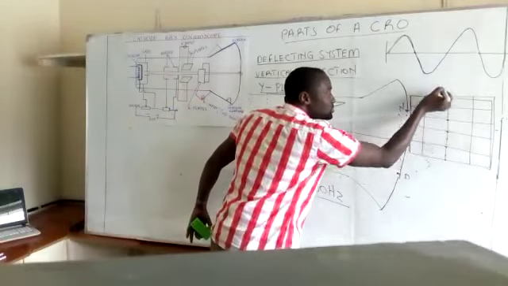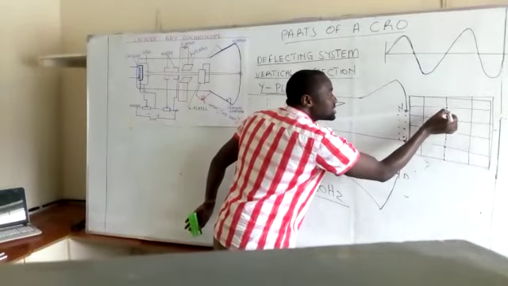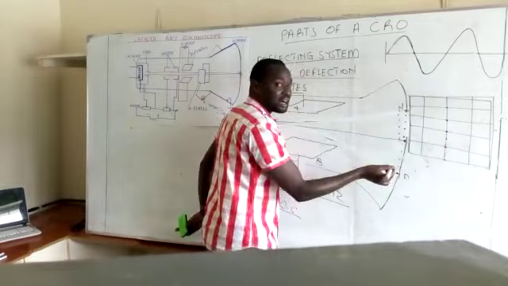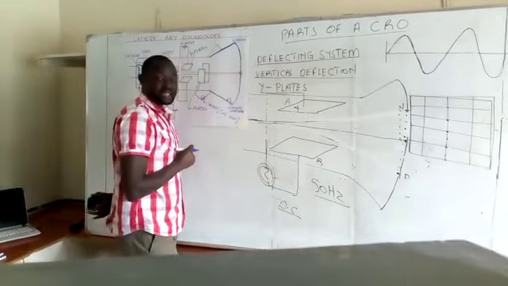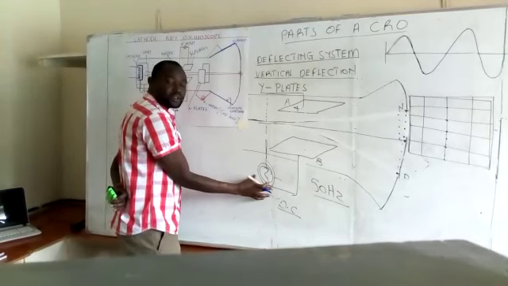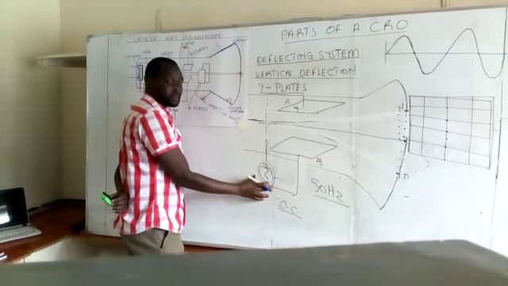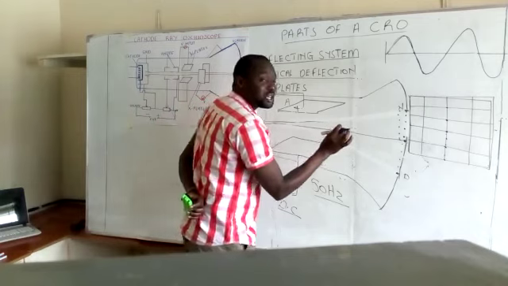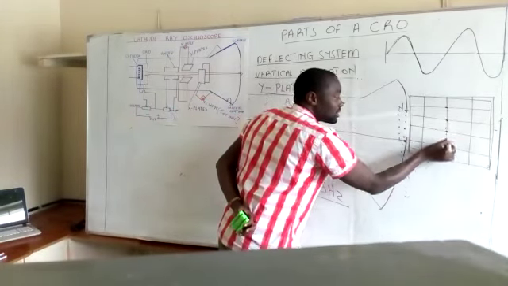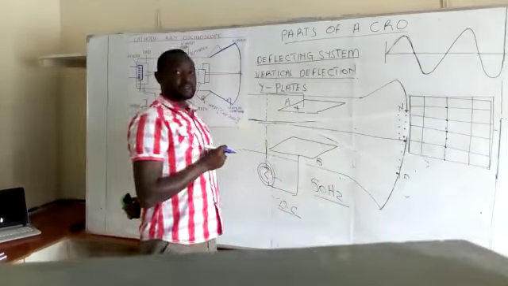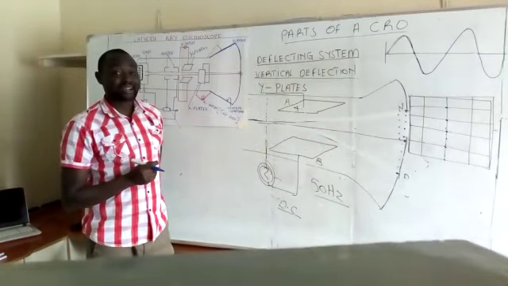As this dot moves up and down, it will be seen moving depending on the frequency of the alternating current. If this frequency is very low, then this dot will be clearly seen moving on the screen in a vertical axis.